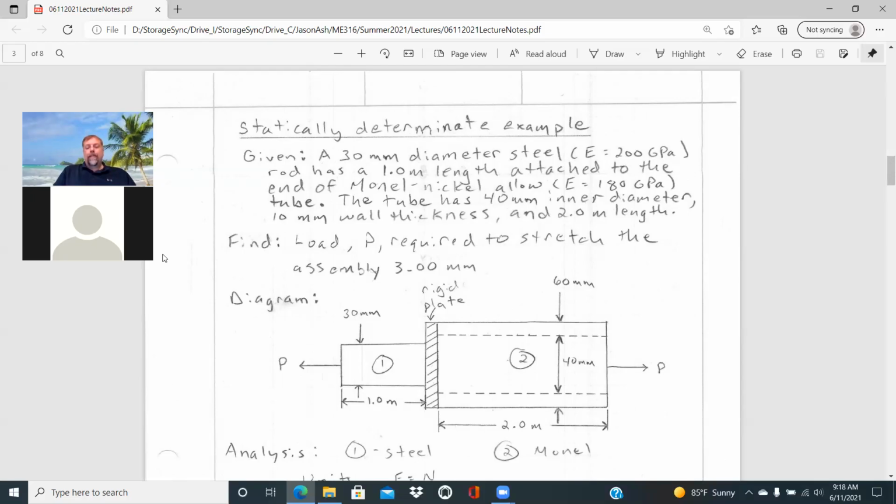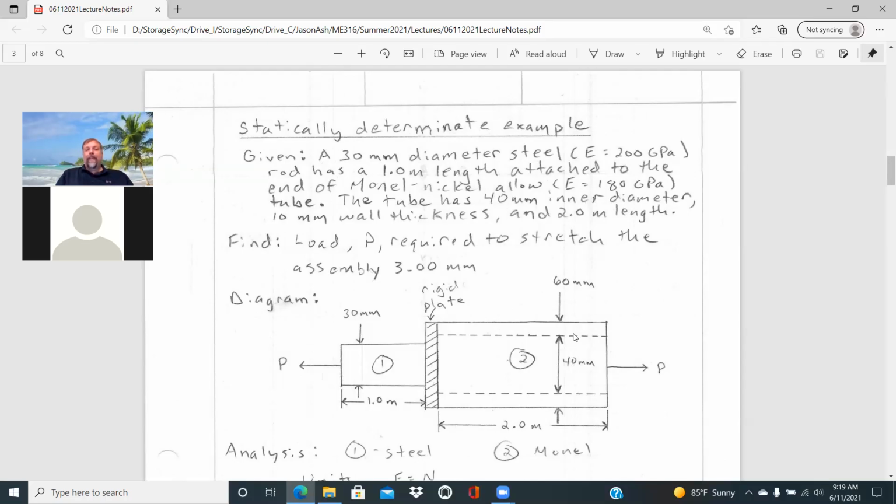For this one example, we're just given a 30 millimeter diameter steel rod that has a 1 meter length, and it's attached to a monel nickel alloy. Its Young's modulus is given. A tube here. So these are both circular cross sections. The tube has a 40 millimeter inner diameter and a 10 millimeter wall thickness.